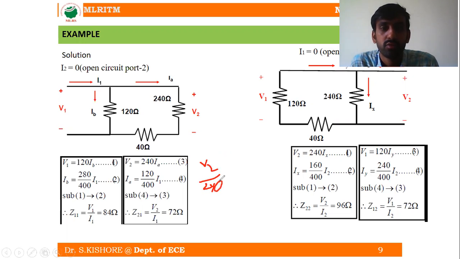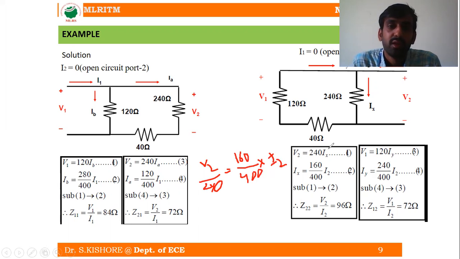V2 by 240 is equal to 160 divided by 400 into I2.